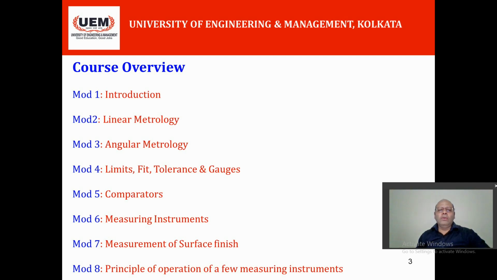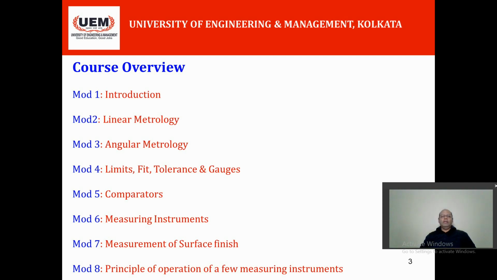So angular metrology is an important thing in the measurement system, and for that we use the protractor, universal bevel protractor, sine bar, autocollimator, angle gauge, etc. I will be discussing this angular metrology in module 3.